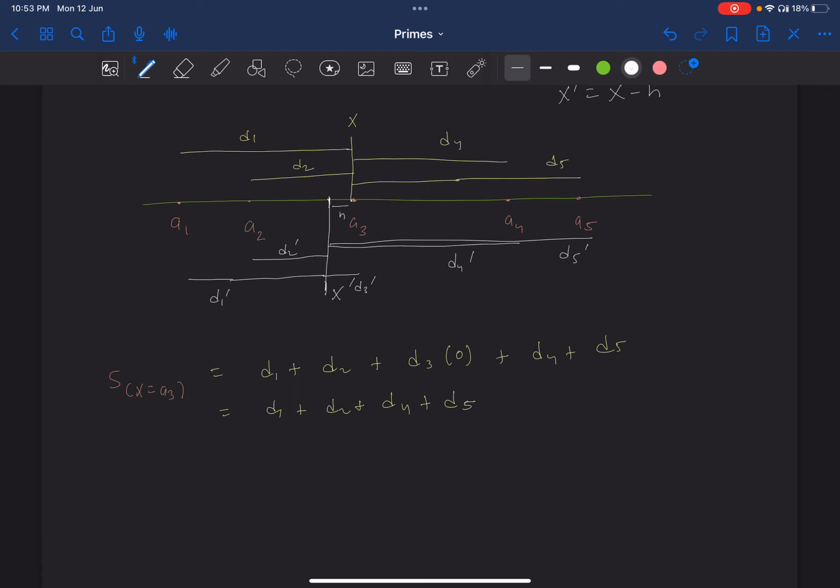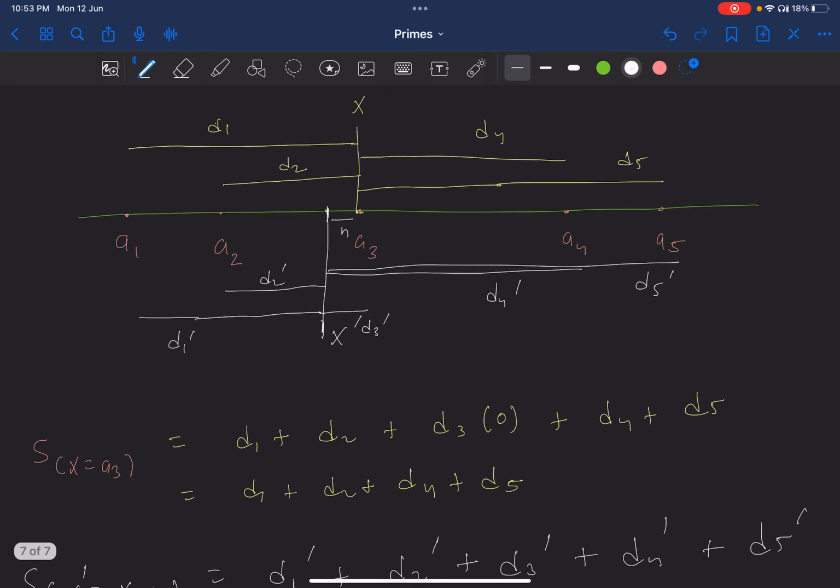Okay. So now let me write this down. F of x dash, x dash equal to x minus h, will be equal to d1 dash plus d2 dash plus d3 dash plus d4 dash plus d5 dash. We can write it, right? So now let's try to find out the relationship between d1 dash and d1. As you can see, d1 dash is d1 minus h, right?